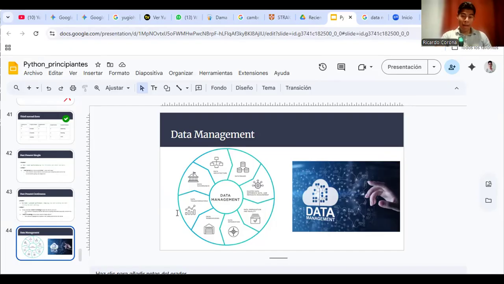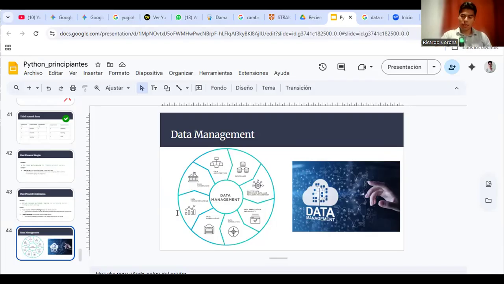It could be a bank, a supermarket, an automotive plant, human resources, or any other field of knowledge.